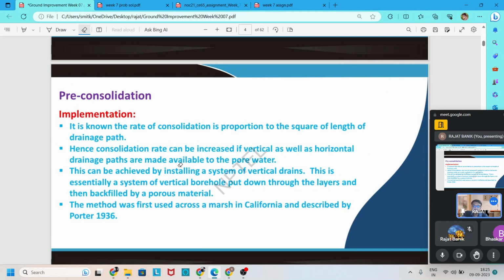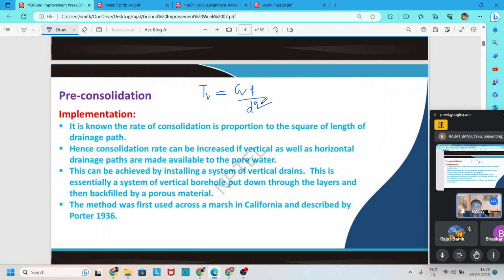It is said there that the rate of consolidation is proportional to the square of the length of the drainage path. If you remember from basic soil mechanics or geotechnical engineering, we studied the one-dimensional consolidation method given by Terzaghi, where we come across a constant, the time factor, which is equal to the coefficient of consolidation times time, divided by the square of the length of the drainage path.